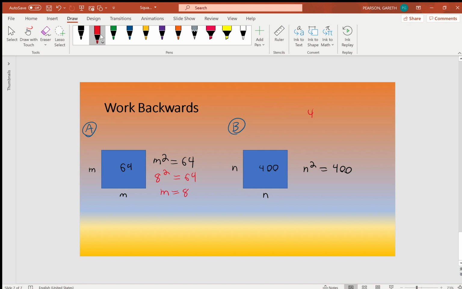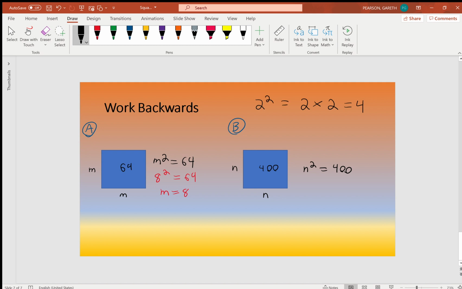Let's look at example B. And if you want, pause the video. I encourage you to try example B on your own. So if we look at example B, you're looking for one number multiplied times itself twice that gives you 400. Well, I know this isn't within the 12 times tables, but I do know that 2 times 2 is 4. And I know that 2 squared is 4 for that reason.